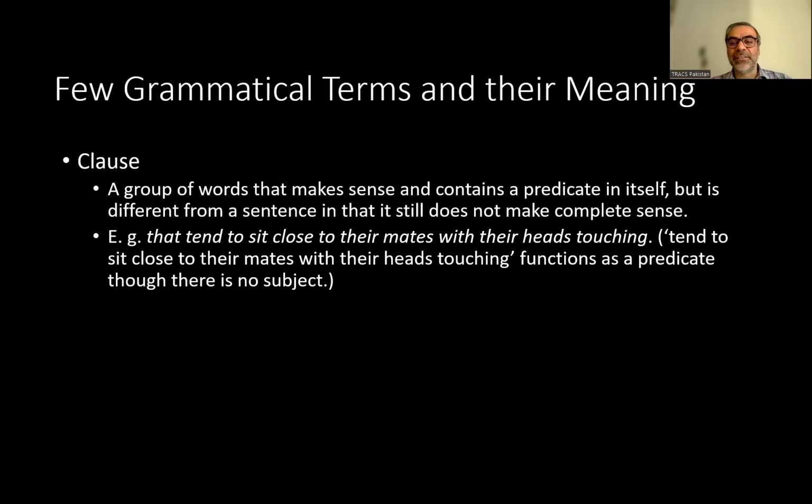It functions as a predicate, though there is no subject. So it contains a predicate, but does not make complete sense. It is very close to what we discussed in the previous slide about phrase.